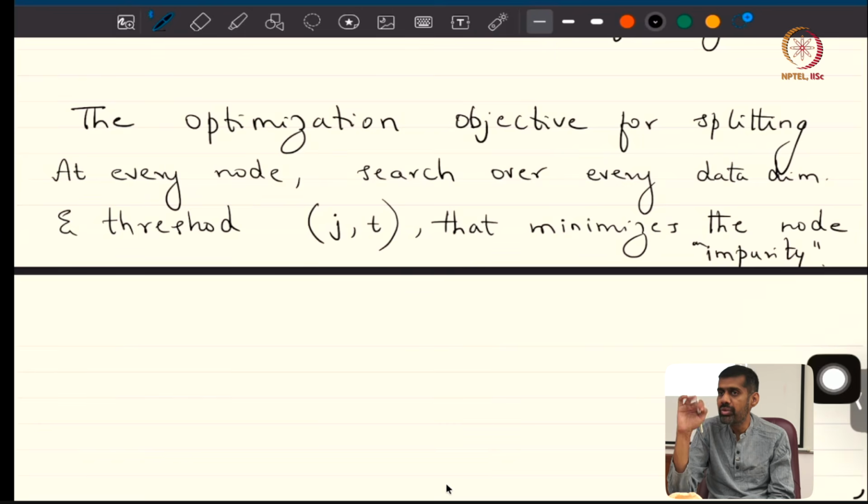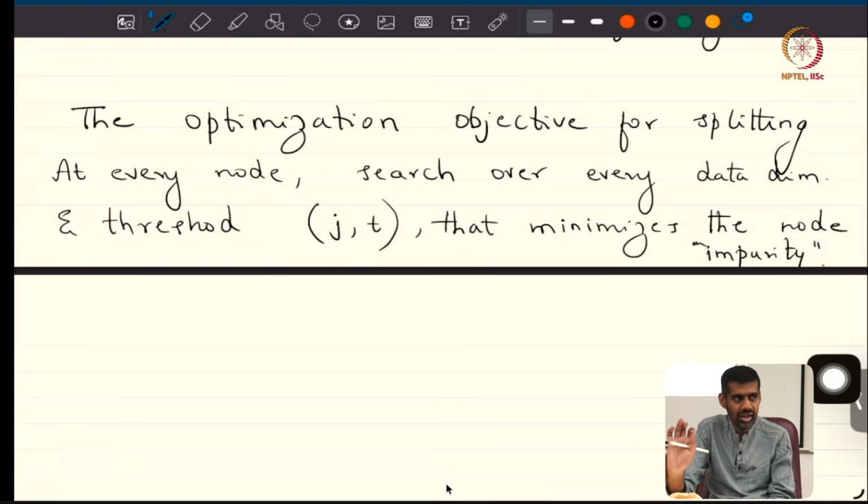So, what do you mean by impurity of a split? It is pretty simple. Let us try to understand this. So, when do you call a split meaningful is the question. Okay. Now, remember that every node or every split is partitioning the data. So, what data partition is called a good partition?